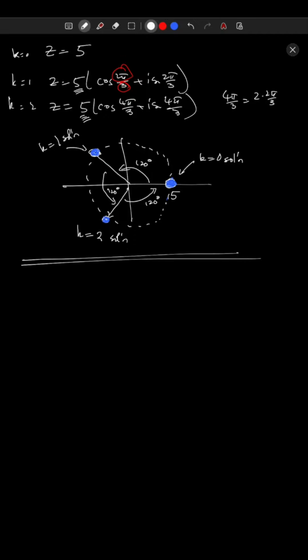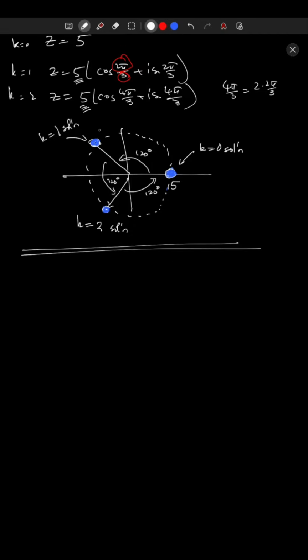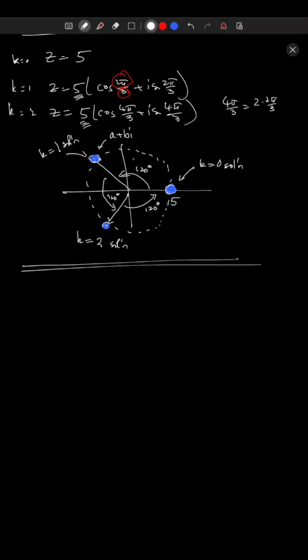Right, and of course, if you actually wanted the coordinates, the a plus bi standard form of each of these solutions, all you have to do is calculate cosine of 2 pi over 3, sine of 2 pi over 3, and that would give you this coordinate right there. Calculate cosine 4 pi over 3, calculate sine of 4 pi over 3, that would give you that one right there in terms of standard form and so on.